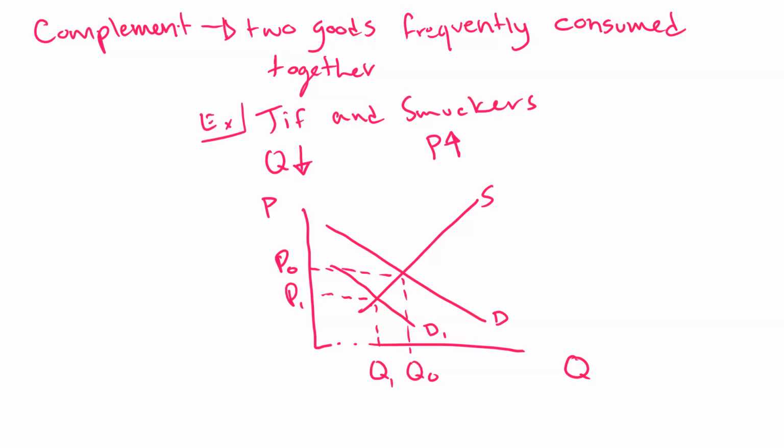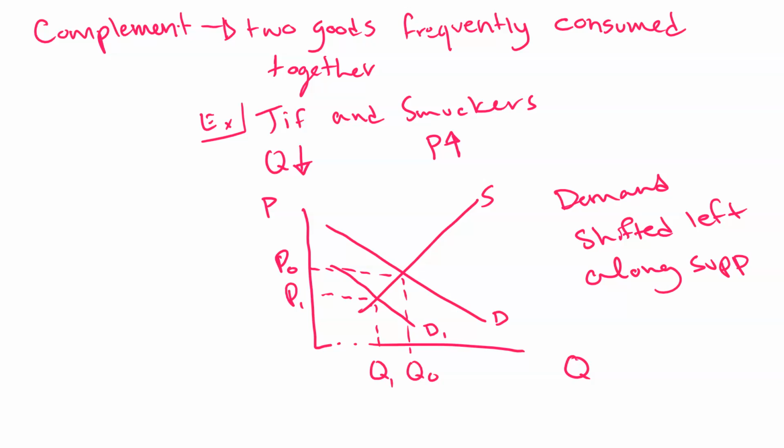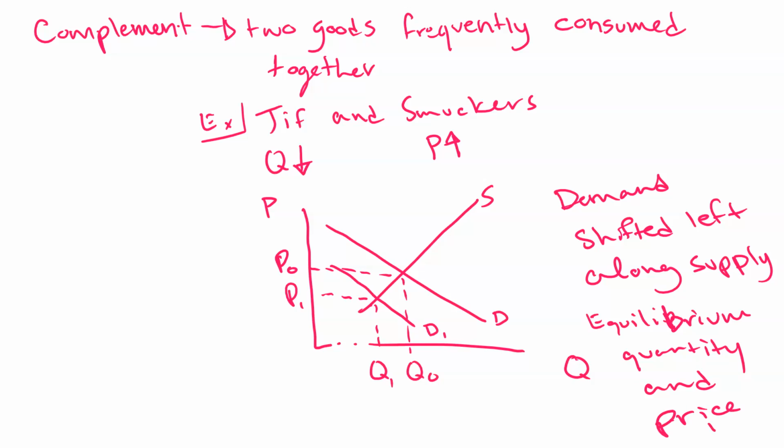So you would say demand shifted left along supply, and then equilibrium quantity and price decreased.